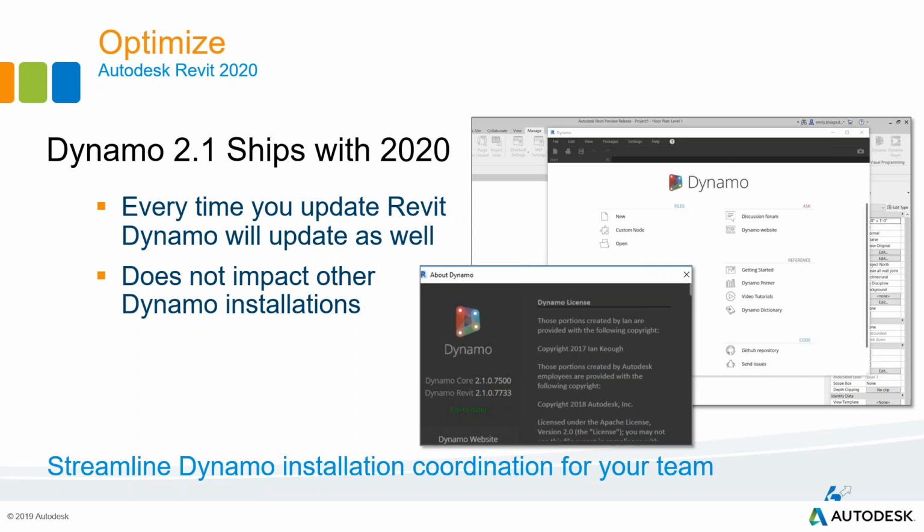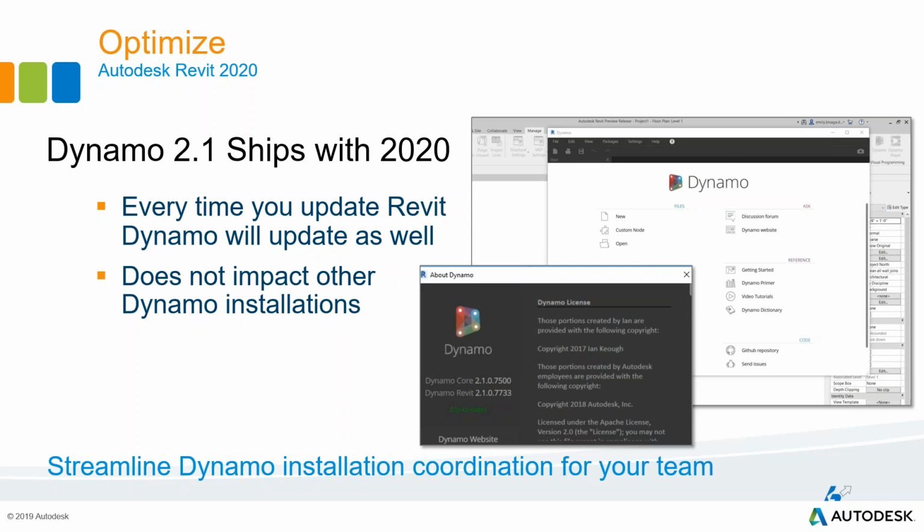You will not be able to update or use a different version of Dynamo with Revit 2020. So this will simplify the process, and with this unified experience, you will have Dynamo 2.1 installed at launch, and this is tied to Revit. So as the product team releases updates for Revit, this will now be the only way that Dynamo will receive updates.